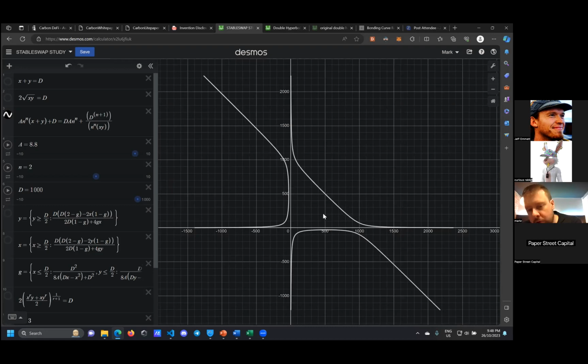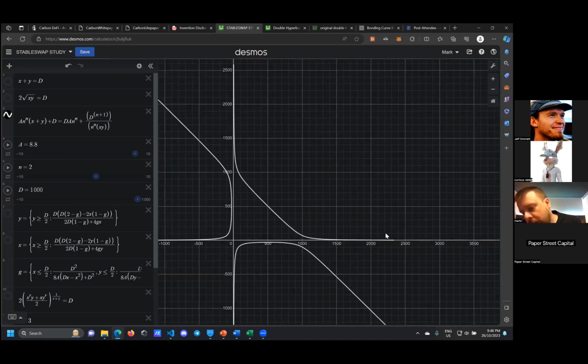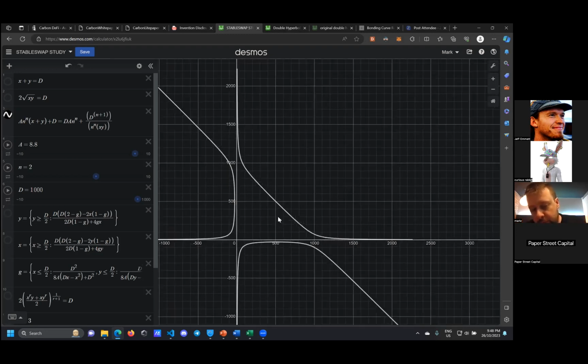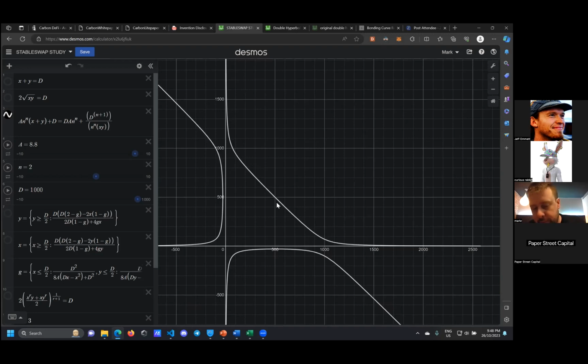I was thinking, if I could just create an equation that draws two hyperbolas that meet exactly in the middle, then there might be a simple solution, which might mean that solving the swap equation might not be as gas heavy, for example.